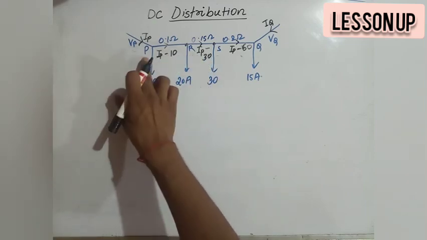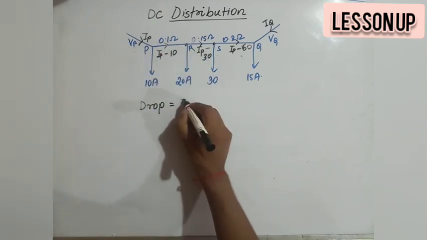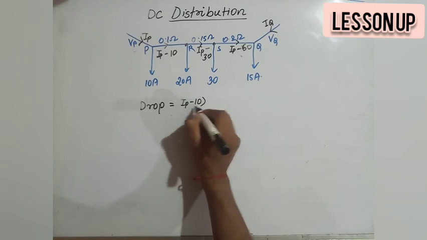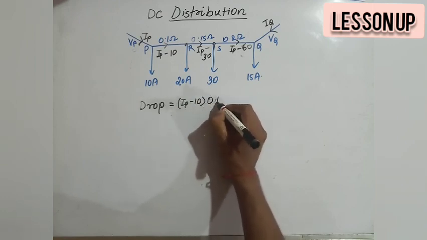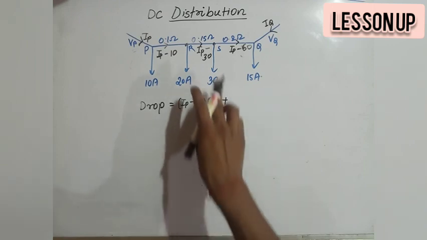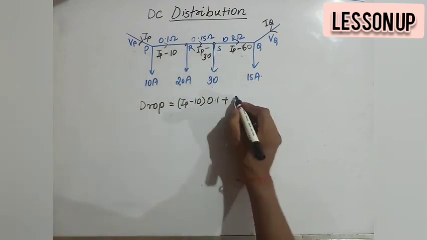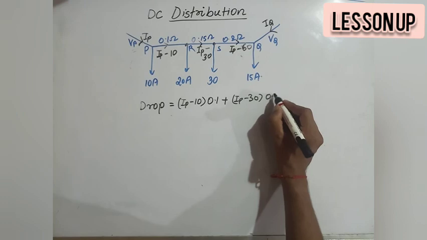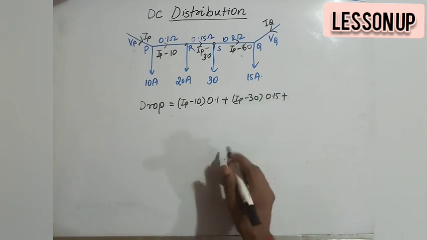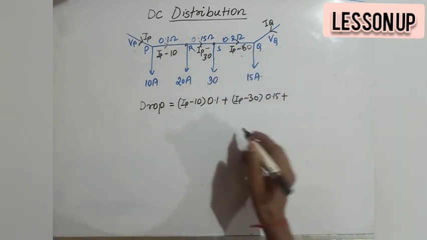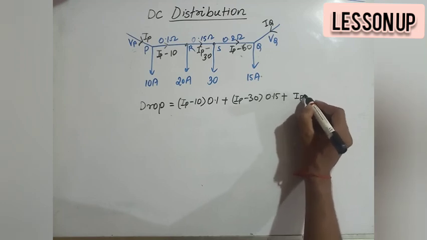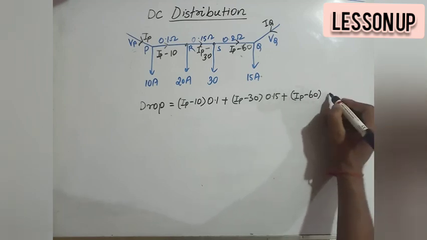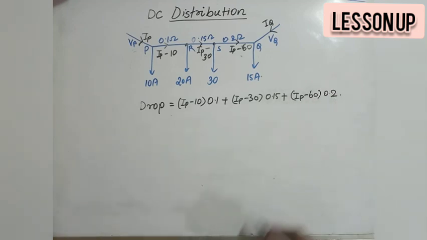So the voltage drop between P and R is IP minus 10 into 0.1 ohm, plus the voltage drop between R and S is IP minus 30 into 0.15, plus the voltage drop between S and Q is IP minus 60 into 0.2.